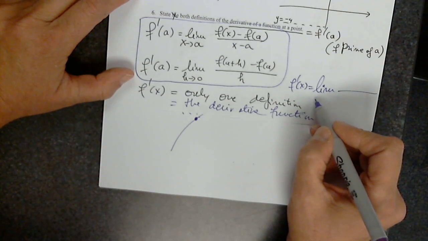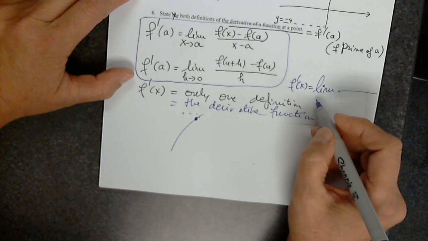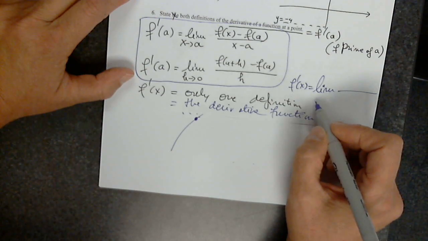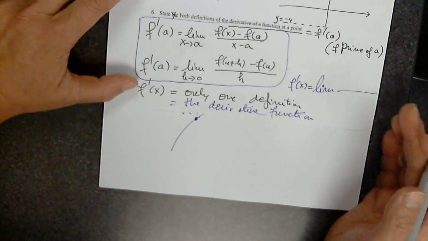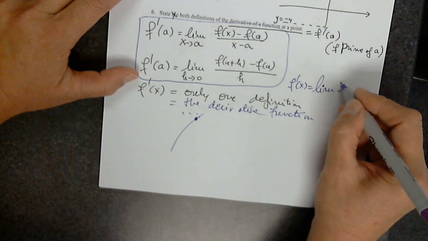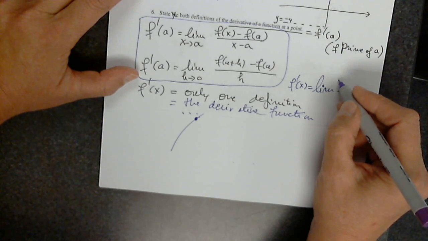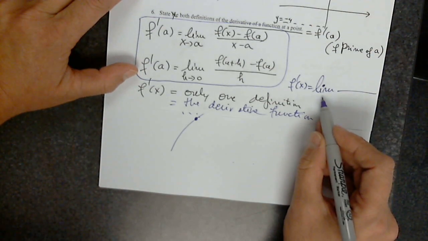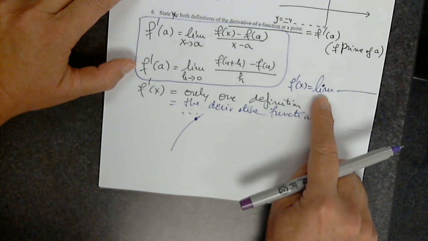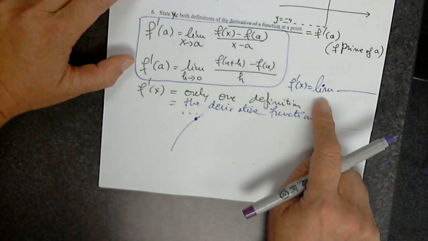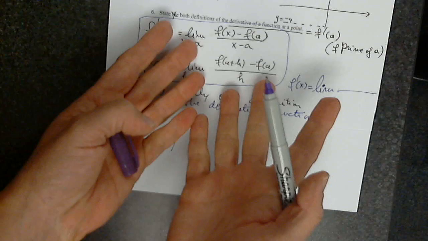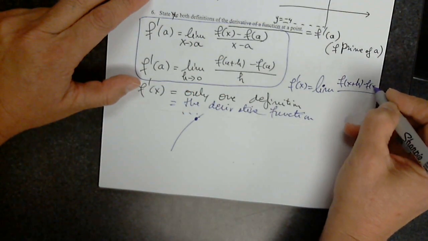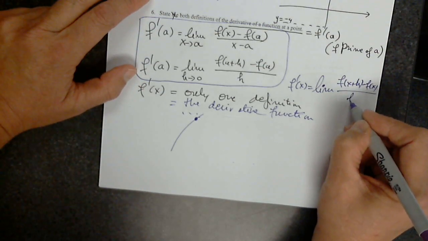How do I write it? It's been in your notes for a month. The limit of the difference quotient, right? I started with the limit. It must be the same thing, right? Yeah, f of x plus h minus f of x over h.